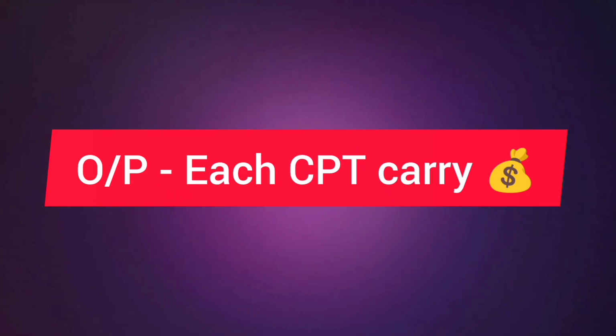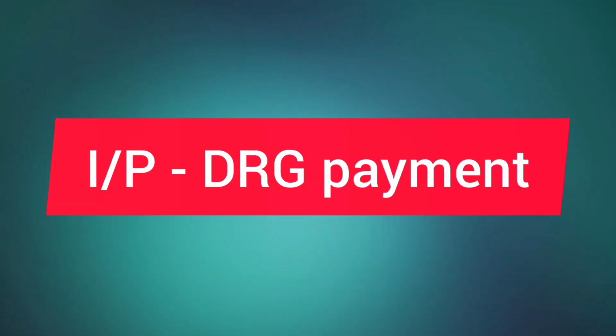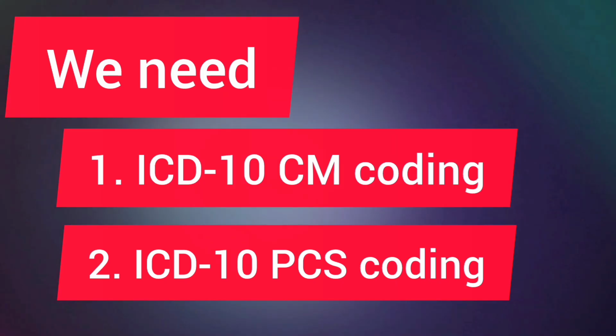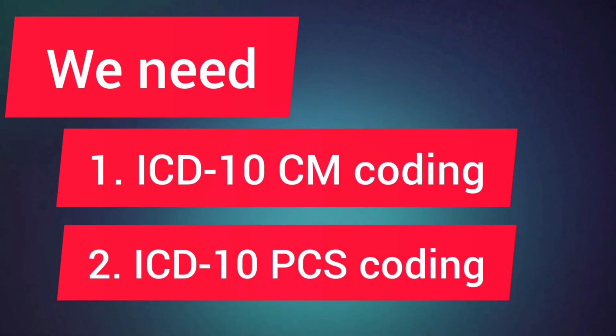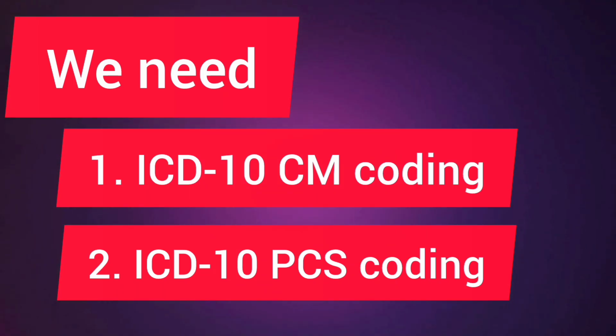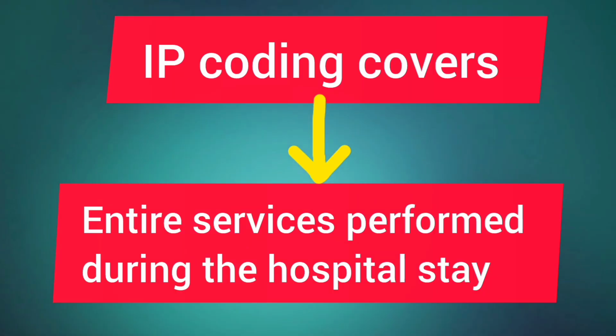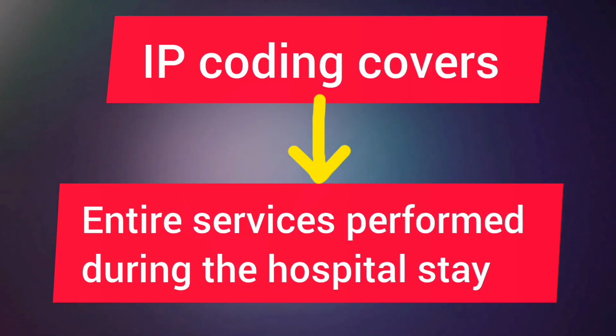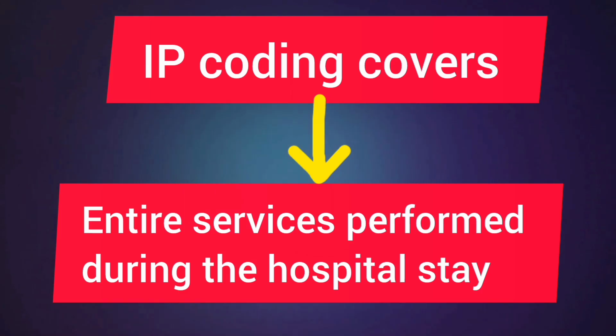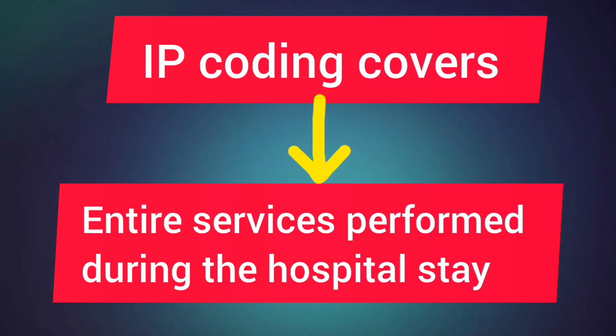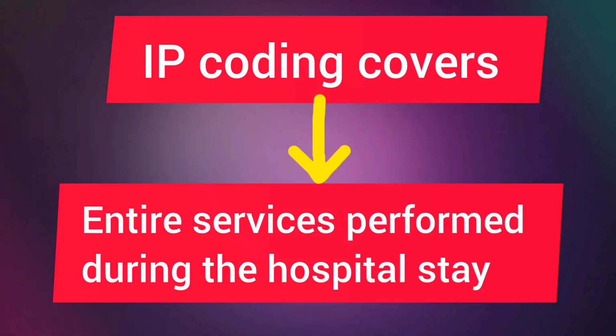But in inpatient coding, the payment will be calculated not based on ICD and not based on CPT. So how is the cost going to be calculated? It will be calculated based on the DRG code assignment. Okay. It will cover all the services performed during an inpatient hospital stay.